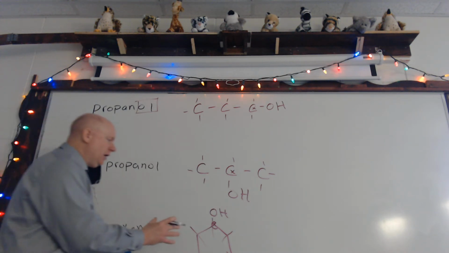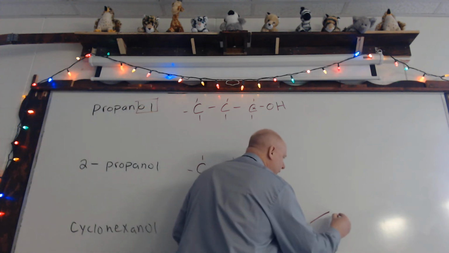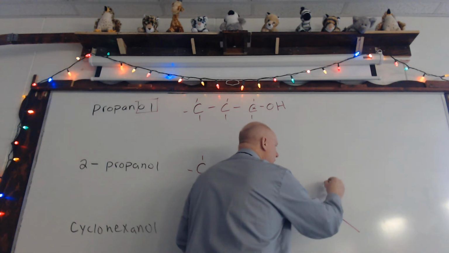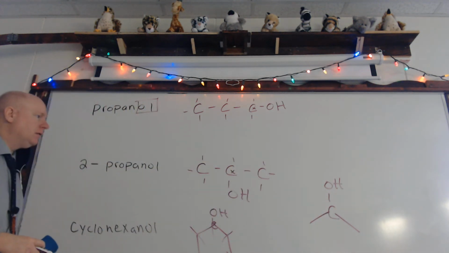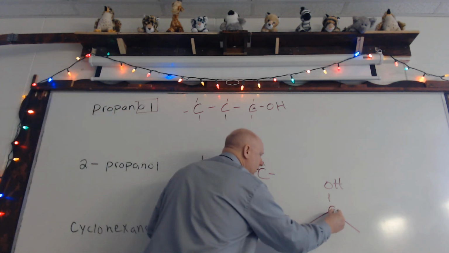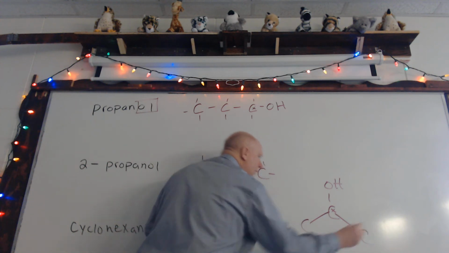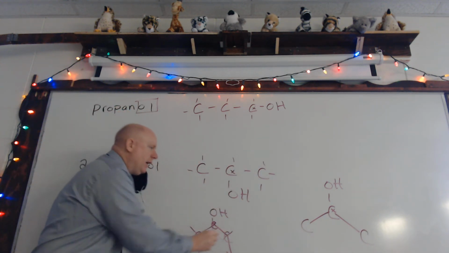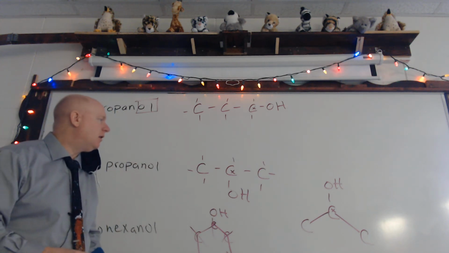So if we kind of had a magnifier here, and we say X marks the spot here, this carbon is attached to 2 more, this one and that one. Therefore, making that a secondary alcohol.